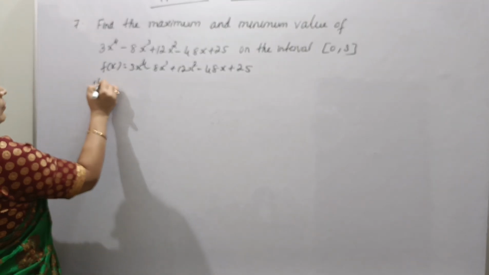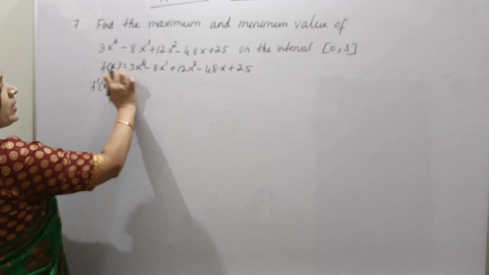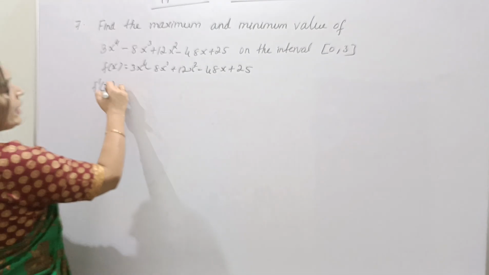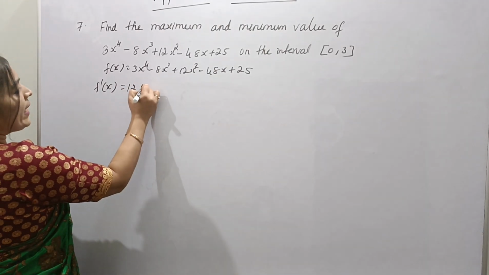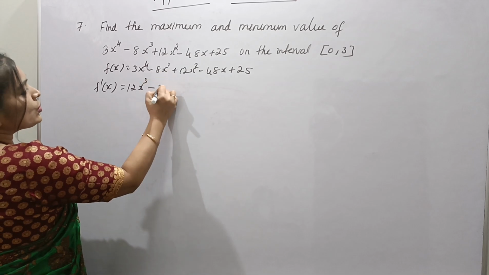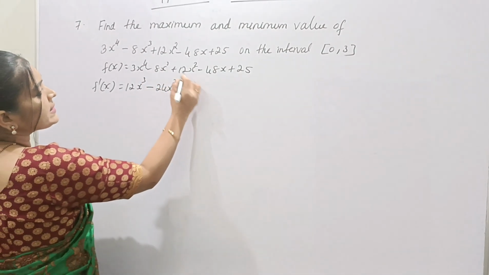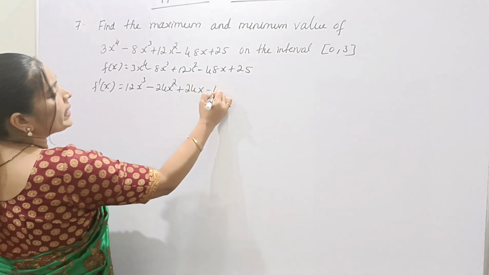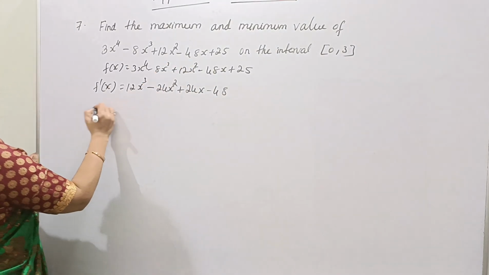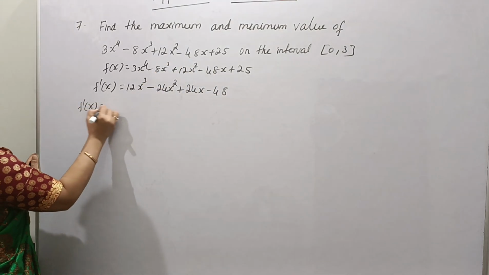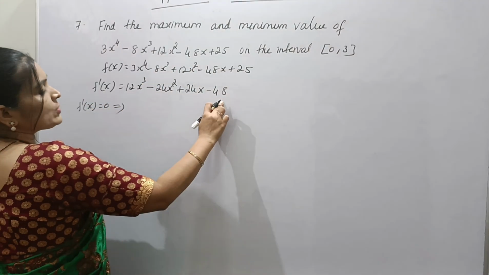So for that, first of all let's find f dash of x. Here it is our f of x, then f dash of x is 12x cube minus 24x square plus 24x minus 48. F dash of x is equal to 0 implies, 12 is common, right?